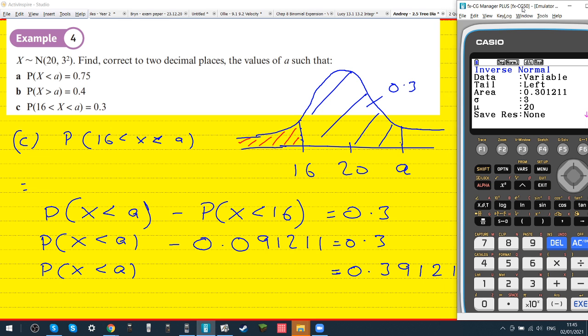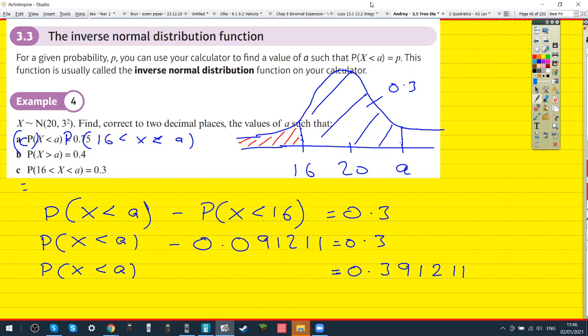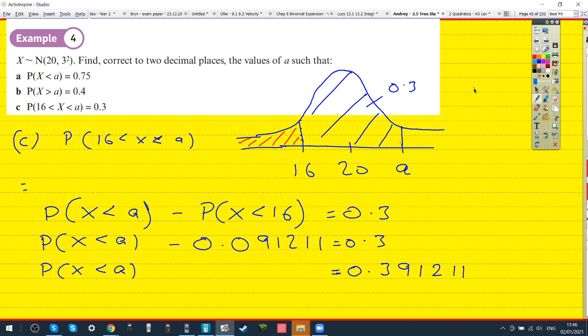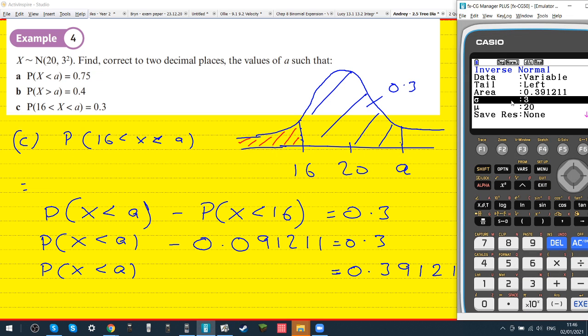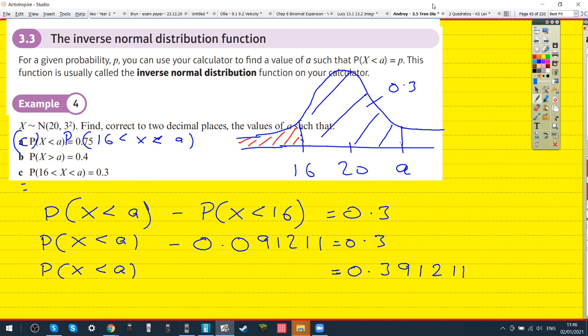I put 0 instead of 9. 0.391211. Is that what you get? What did you get for this one? Yeah, I got 19.17.